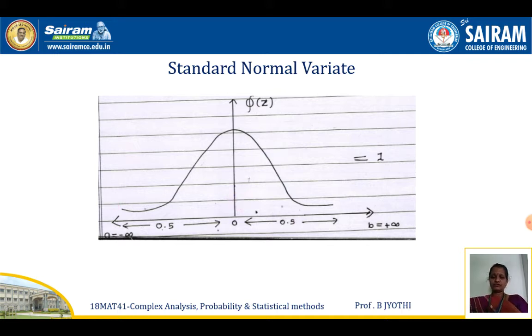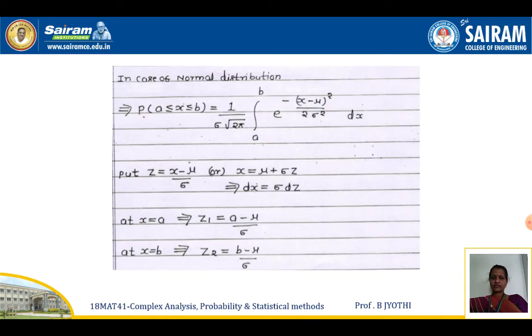In total, from this end point to the other end point, it equals 1. That's the bell-shaped curve we have in case of a normal distribution.